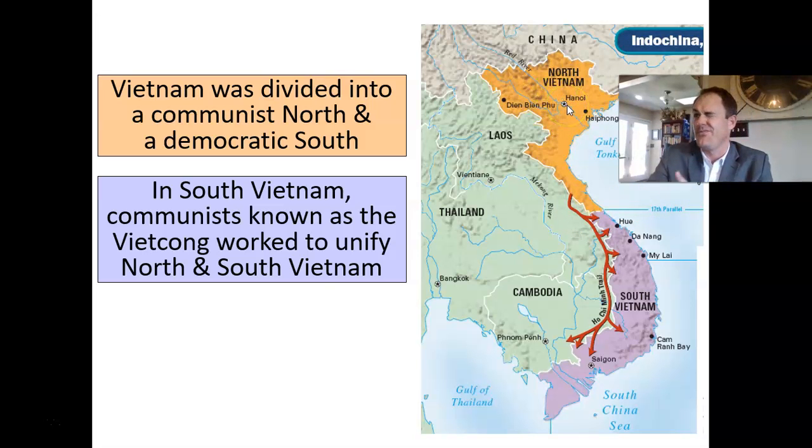This is in 1954. It might have been a few years after at the Paris Peace Conference. I can't remember. And in South Vietnam, it's a quote-unquote democratic government, very dictatorial. And communists there, known as the Viet Cong, were fighting a guerrilla war to overthrow that government and to unify North and South Vietnam.